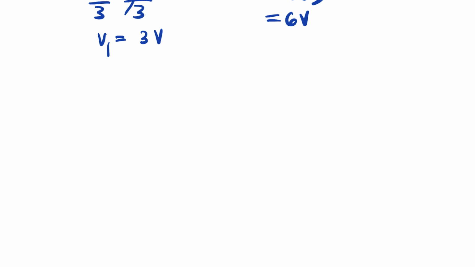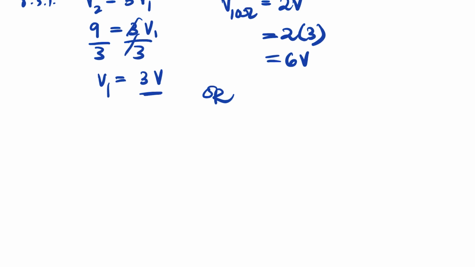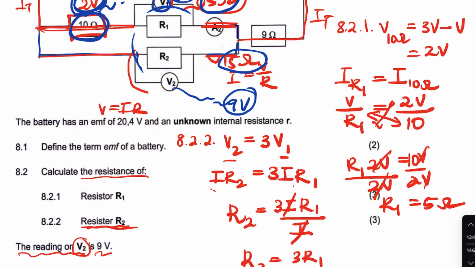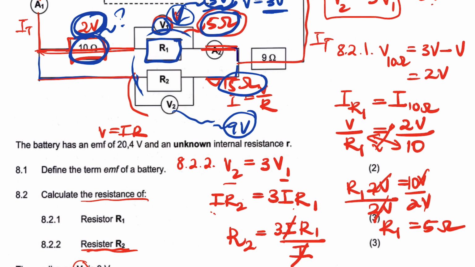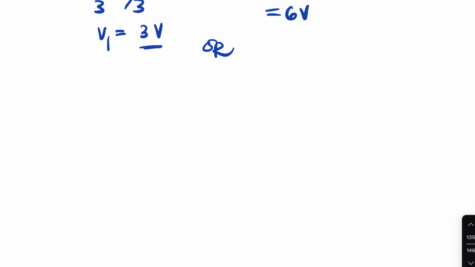Okay, alternatively, what we can say after this is we can calculate the current. We can calculate the current that passes here, because here we have the resistance, we have the voltage, it's 3V, right? So we can say I is equal to V over R. What do we have there?